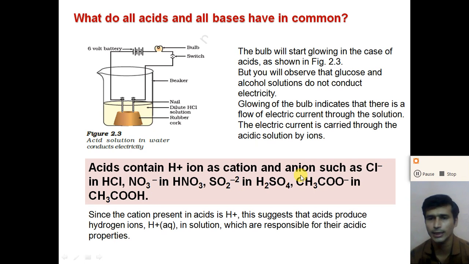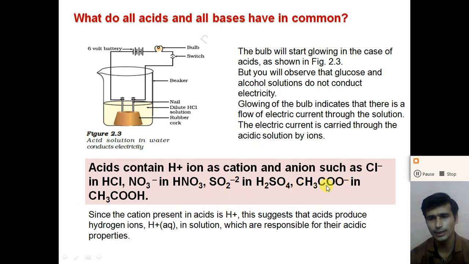All acids contain a positive ion as well as a negative ion. For example, in HNO3, nitric acid, H+ cation is there and NO3- anion is there. Similarly in H2SO4, H+ cation is there and SO4 2- is the anion. In methanoic acid, CH3COO- is the anion and H+ is the cation.